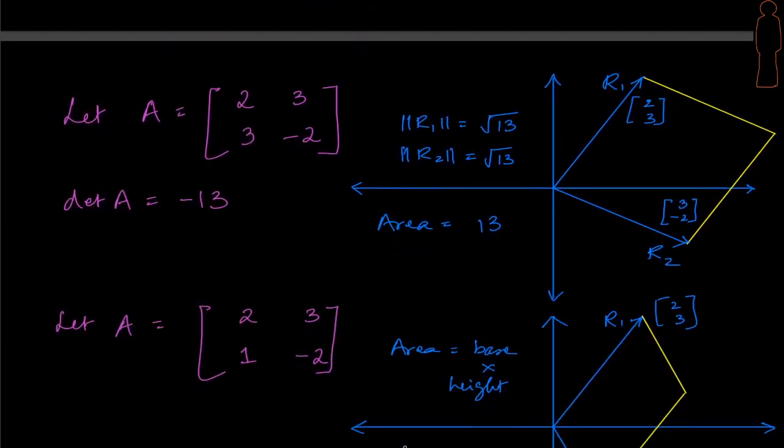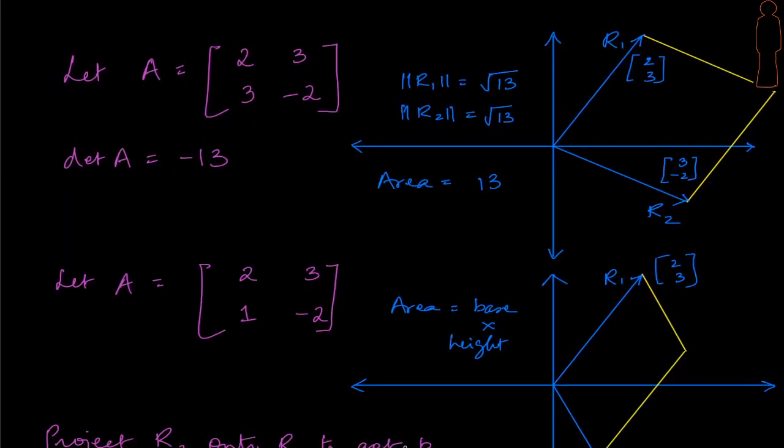Okay, now we'll take a look at what it means geometrically as well. Let me pick a very simple example. I have purposely picked orthogonal vectors, right? 2, 3 and 3, minus 2: the row vectors are orthogonal to each other. How do I know? Take the dot product: 2 into 3 is 6, 3 into minus 2 is minus 6, and that goes to 0. So these two are orthogonal to each other. Let's take a look at the diagram. I have 2, 3 and 3, minus 2.